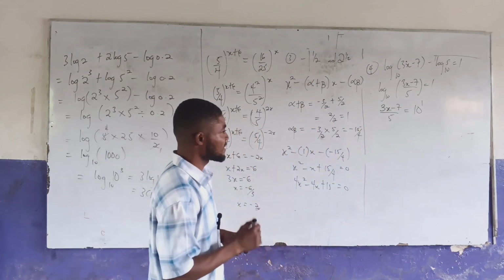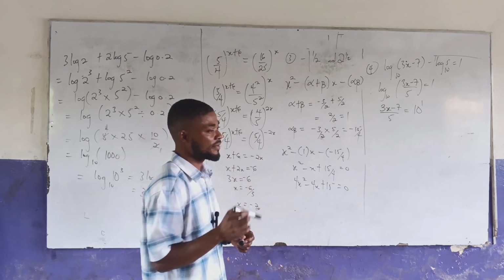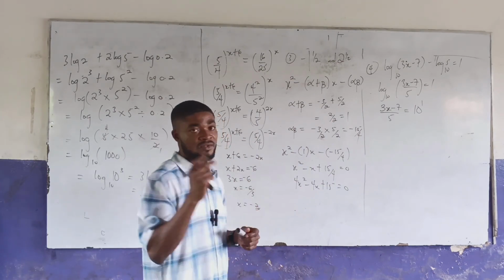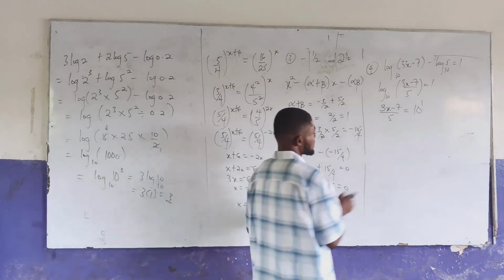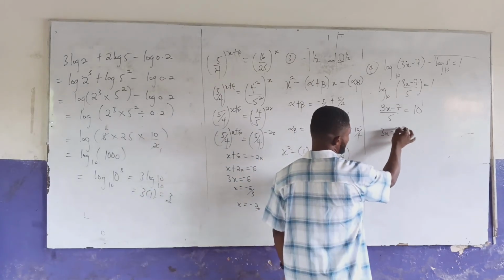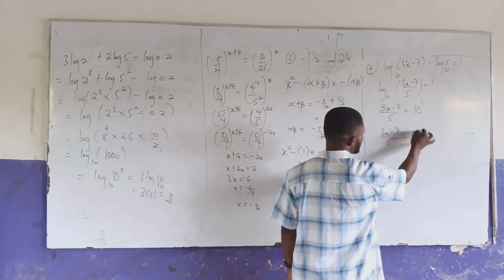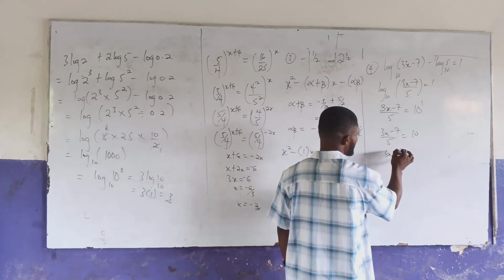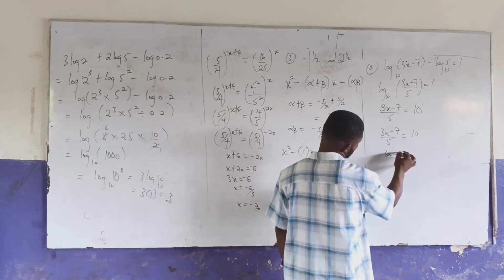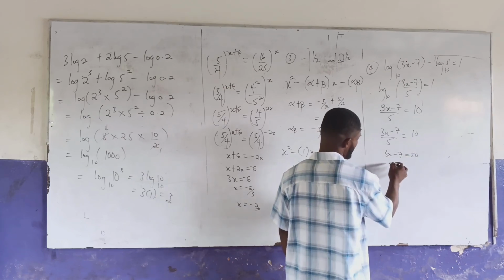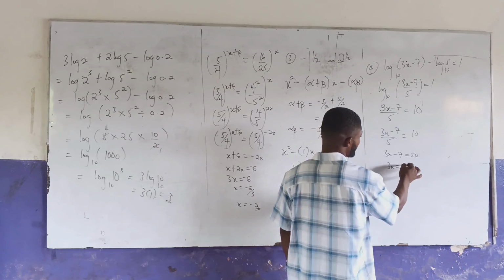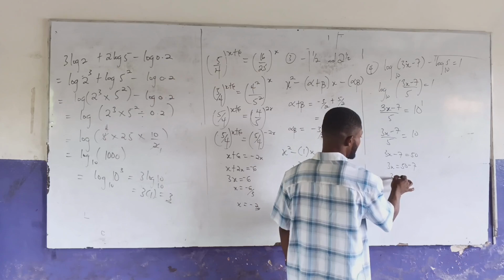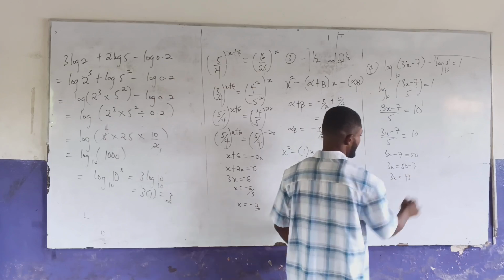It is just like having log 8 base 2 is equal to 3, then we conclude that 8 is equal to 2 raised to the power 3. So from here, 3x minus 7 is equal to 50, 3x is equal to 50 minus 7, 3x is equal to 43.